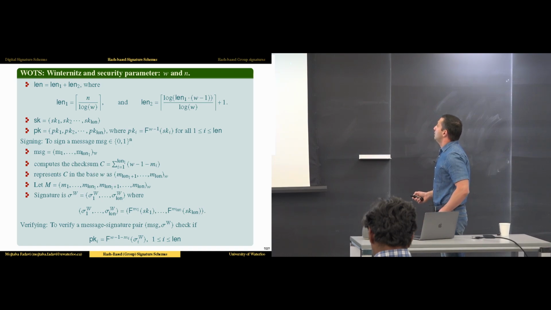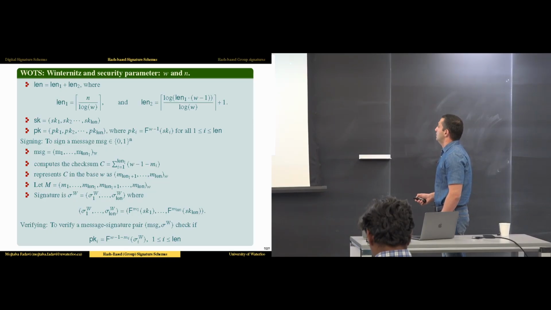And to sign a message, we first chunk it, write it based on omega, and compute the checksum. The checksum is the sum of omega minus 1 minus mi, for i from 1 to L1. And right now, the message that is going to be signed is this one.